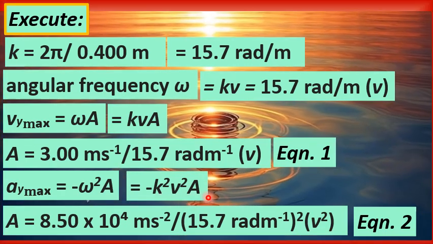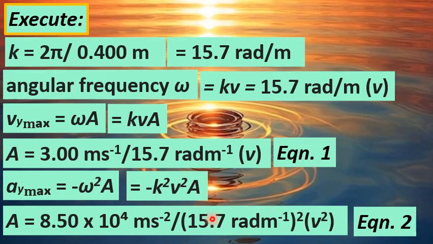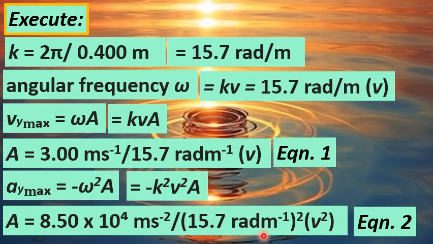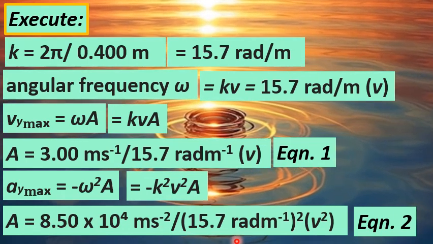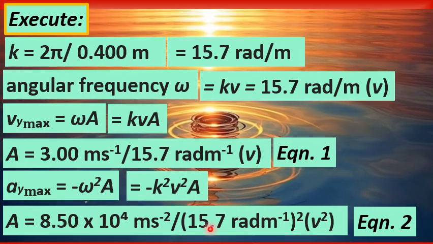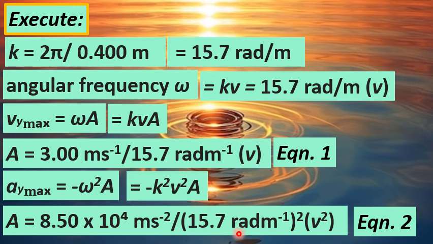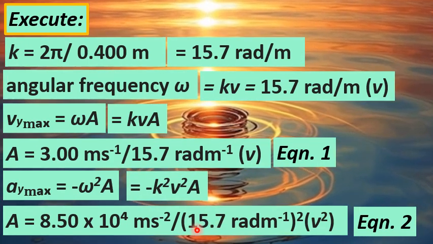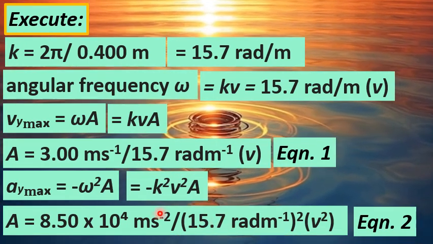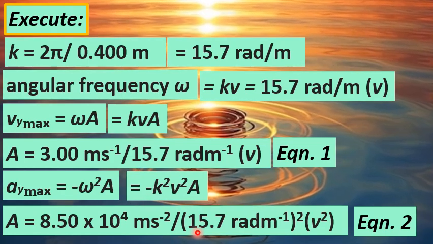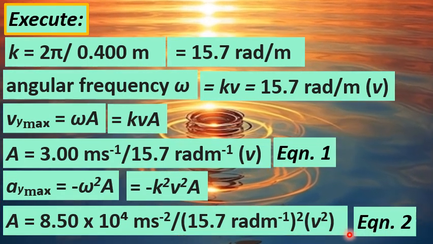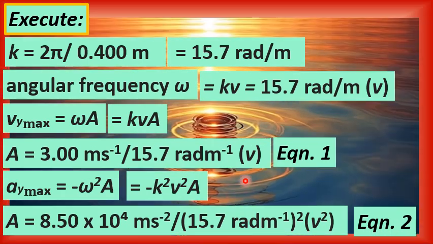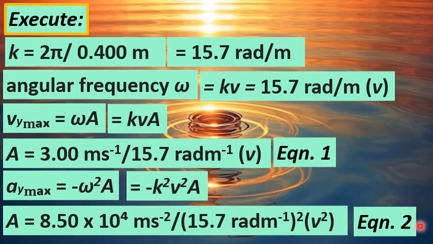Since we're only after the magnitude of the amplitude, and strictly speaking, amplitude is always positive, that's the reason why we ignored the negative sign here. So once again, these are the two equations, equation 1 and equation 2.